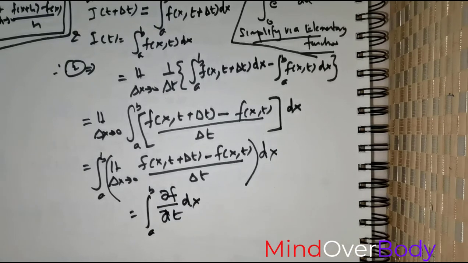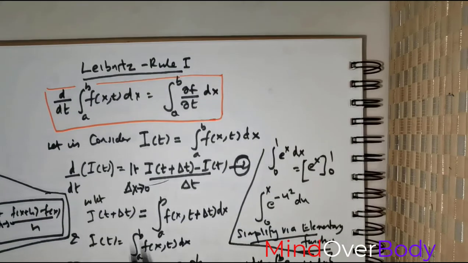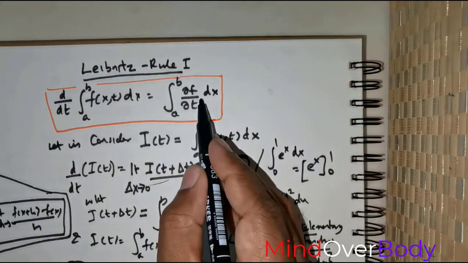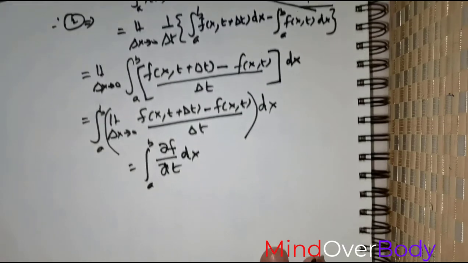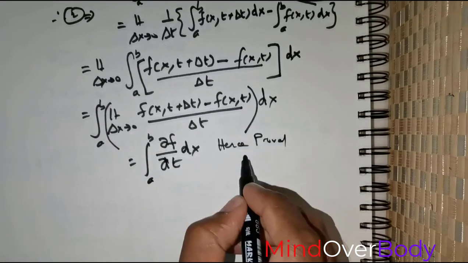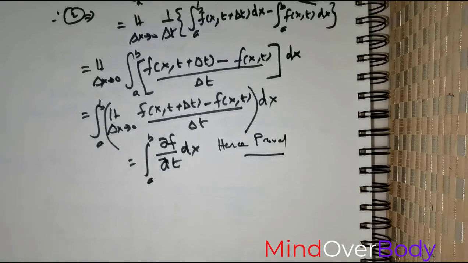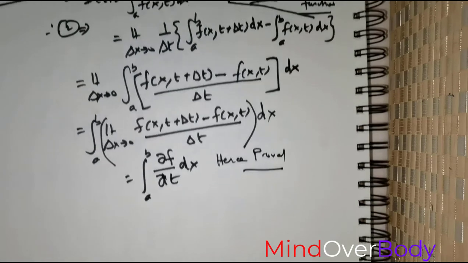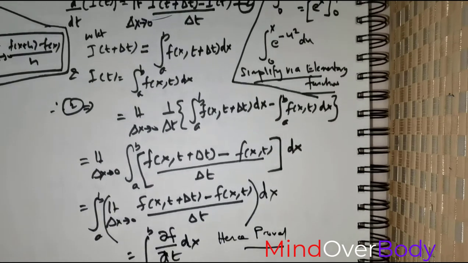And this is exactly what we started with. This is the Leibniz rule and hence proved. So this is a powerful concept, and we would apply it in solving complicated questions.